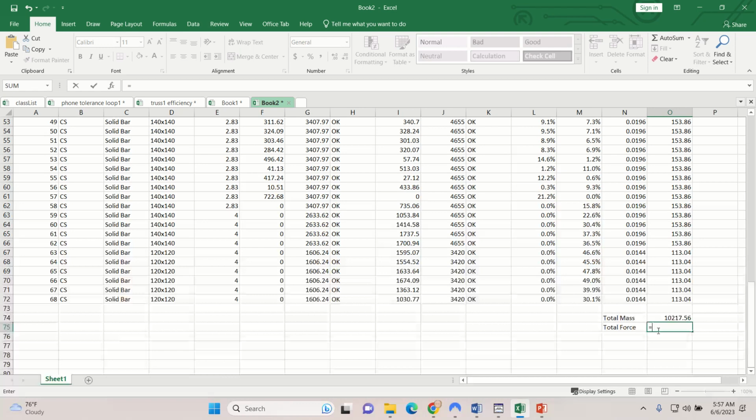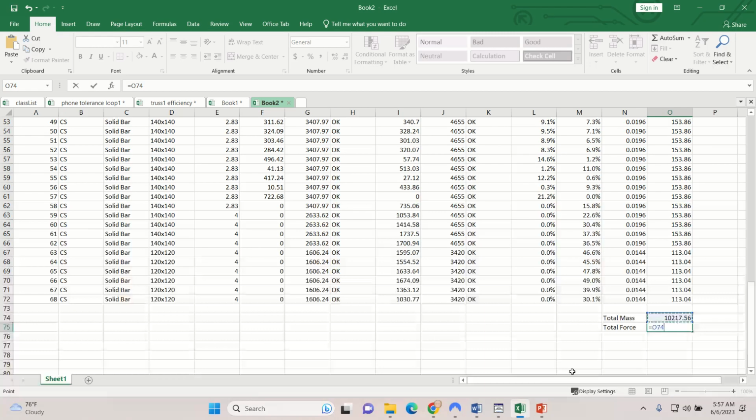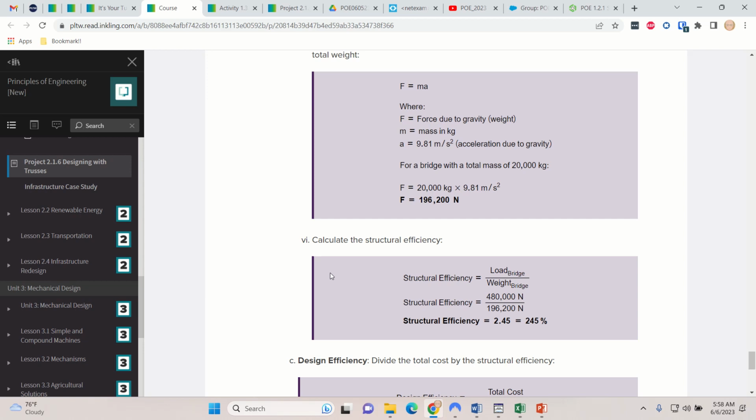Let me double check. I want to multiply it times 9.8. Okay, total force. And so that's the weight of the bridge. Then I want to take the load and divide it by the weight.